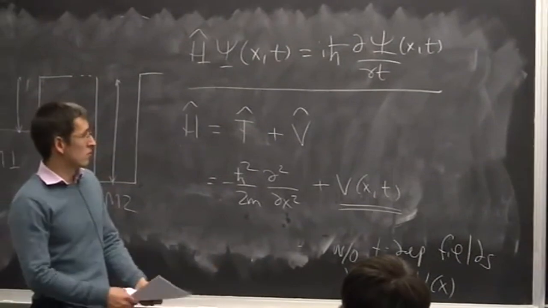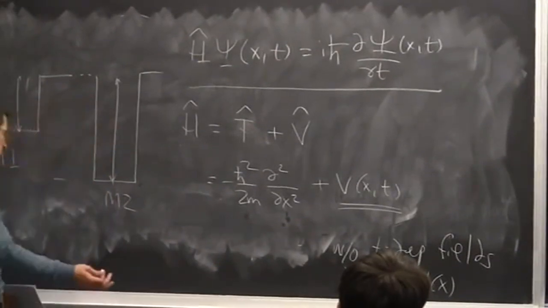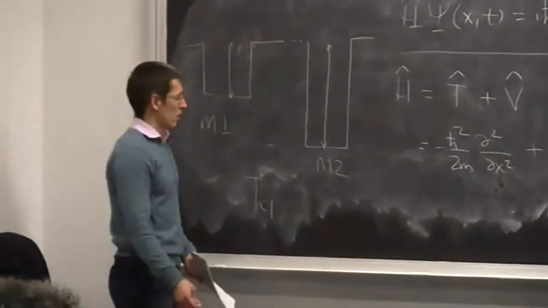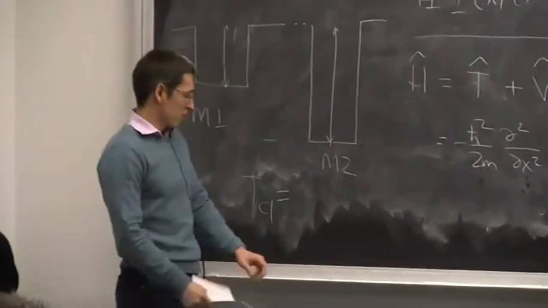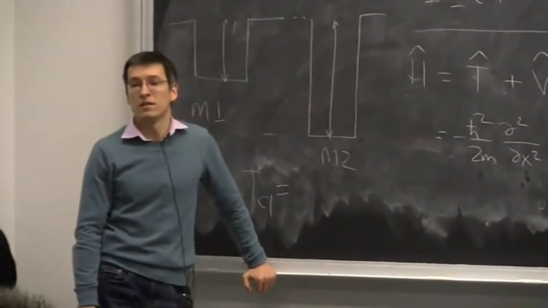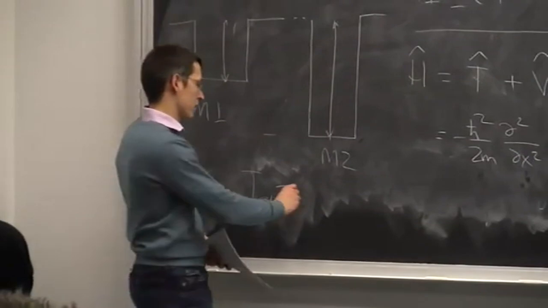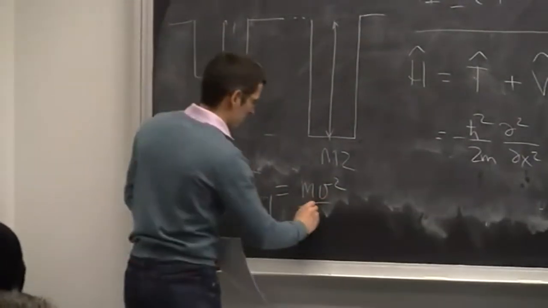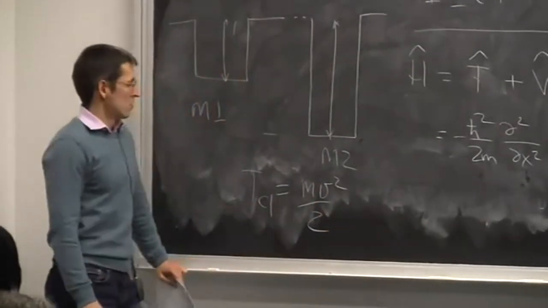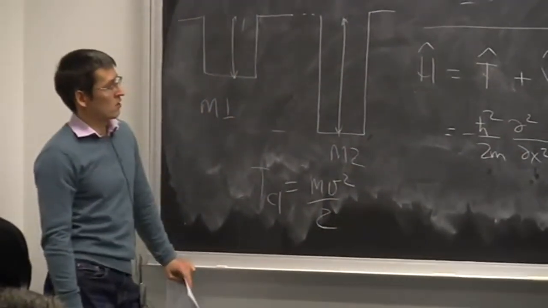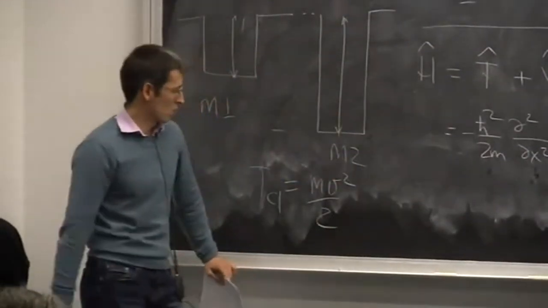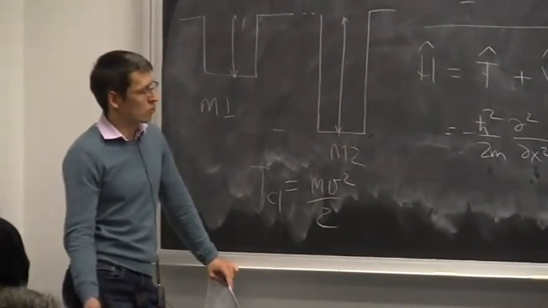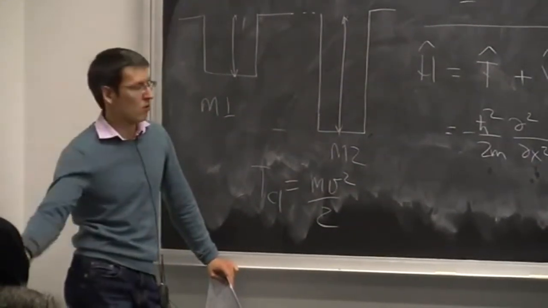In classical physics, if you asked about the kinetic energy, T classical, of a particle, what would be the expression that comes to your mind? Yes, half mv squared. It turns out that in the so-called Hamilton formalism, which is one way to represent classical mechanics and is somewhat equivalent to Newton's equations, it's more convenient to go to quantum mechanics.